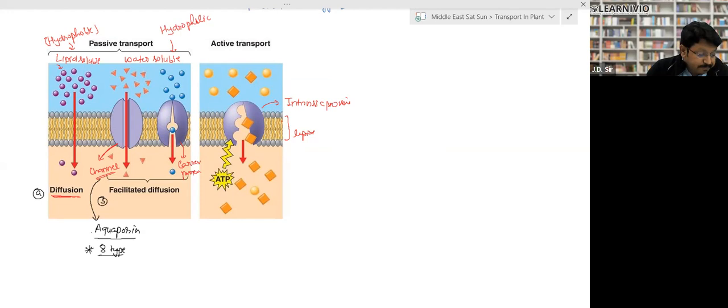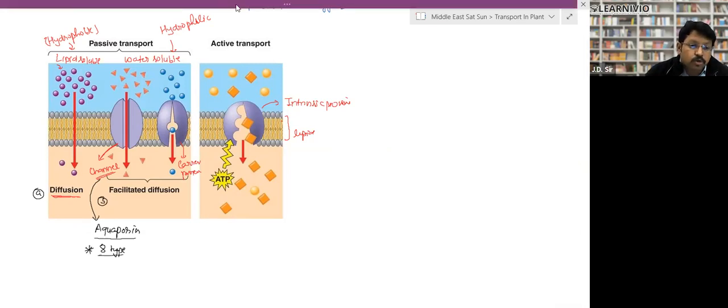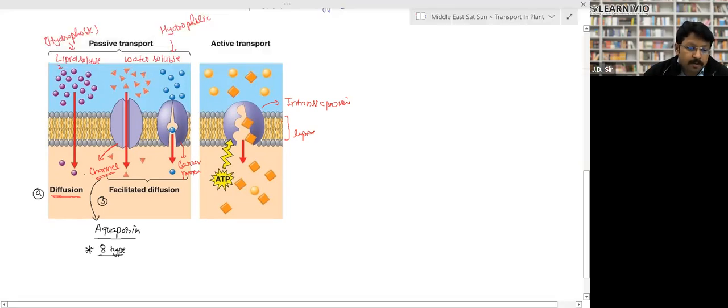Now carrier protein, right? There are 2 major types of transport protein, carrier protein and channel protein. Full stop.